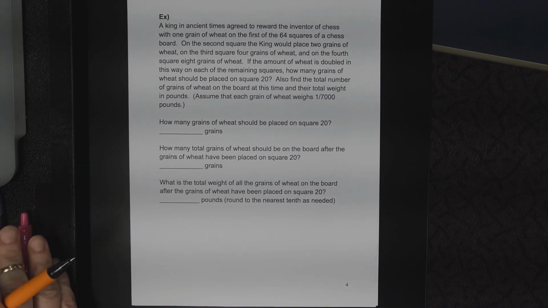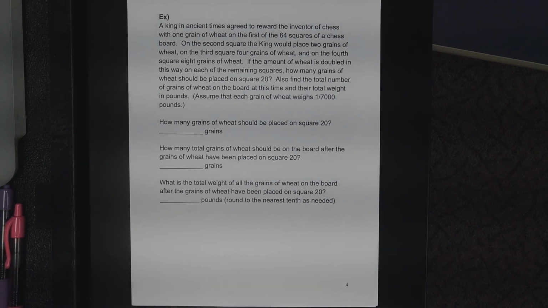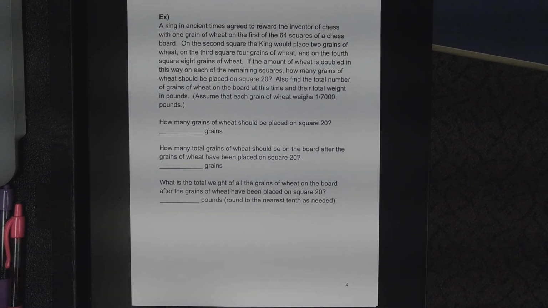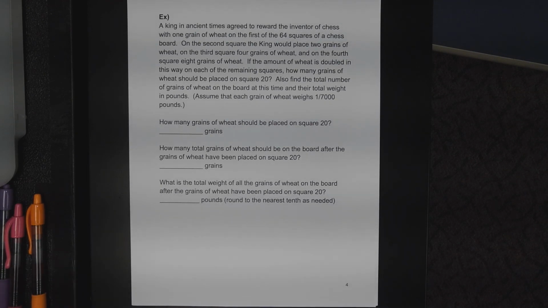This is kind of cool. We just kind of have to find a pattern, and then from the pattern, everything falls into place. So this is like math puzzles. I don't know, I like it. So these are the important things.